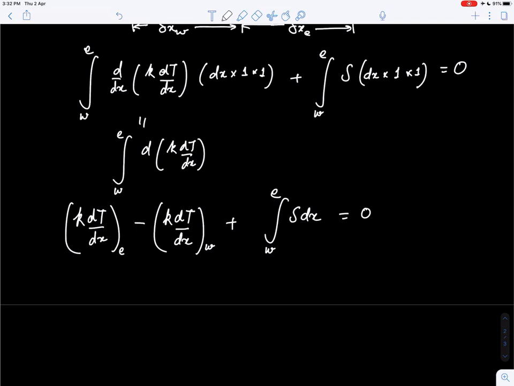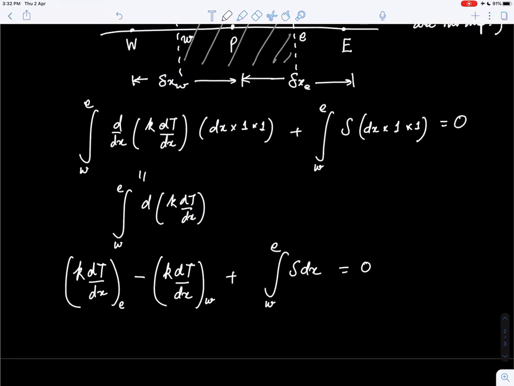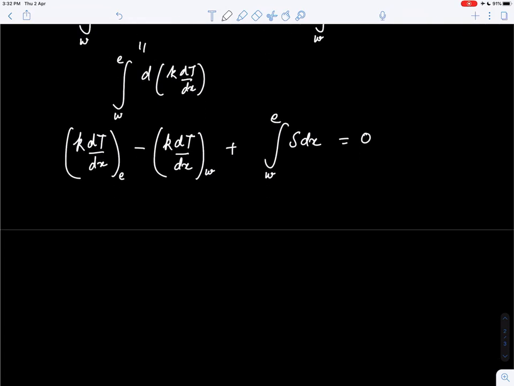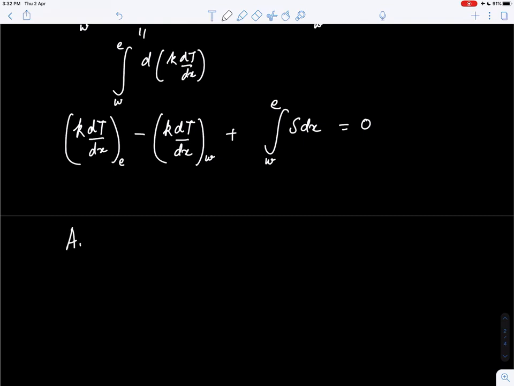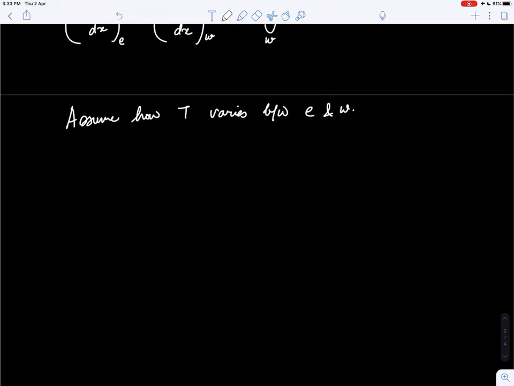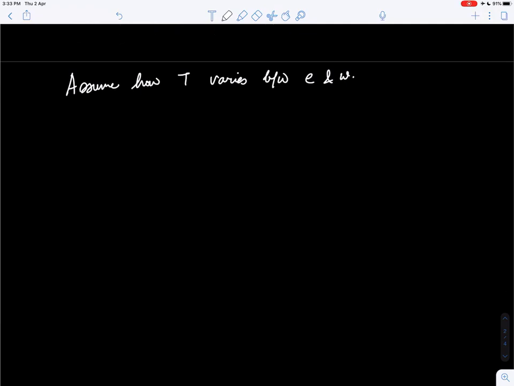To go further, we need to assume how the variable T would vary in the control volume that we are looking at, so between faces W and E. The two simplest options, and again these are not the only options, are as follows.